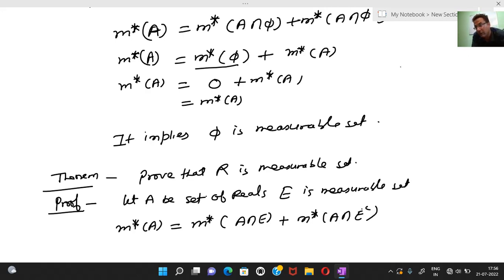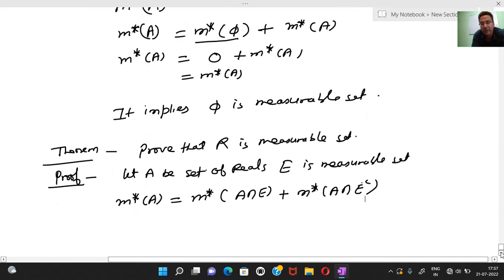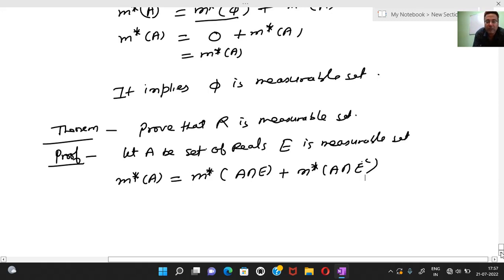Okay, we will do this theorem similarly as before.